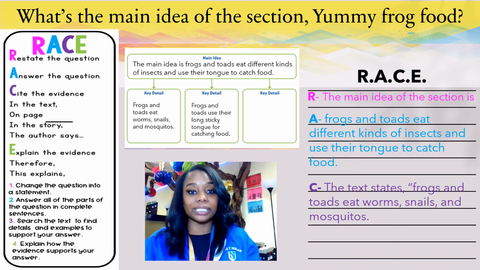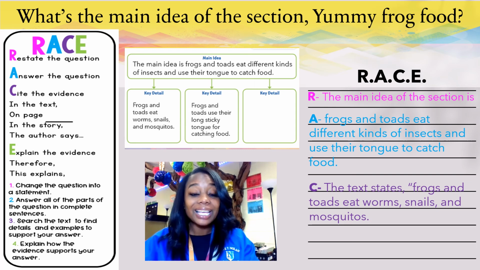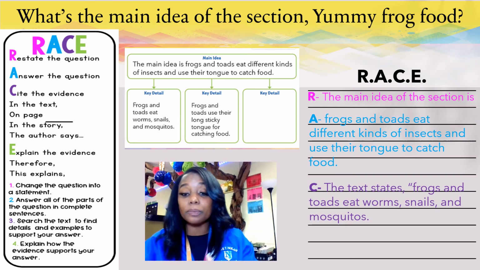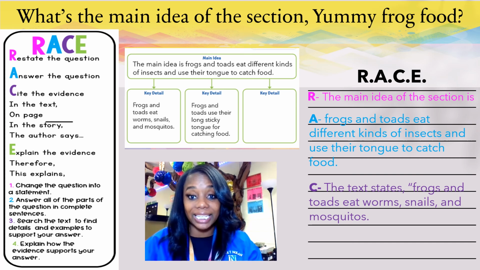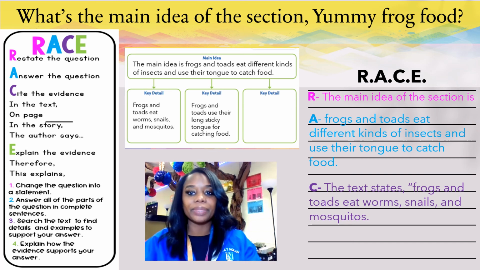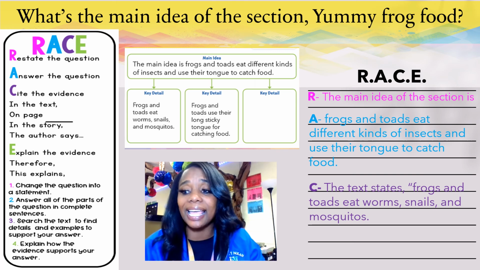So here is our C. Remember, our C could be one of our key details. C is the evidence that supports our main idea, which is the definition of a key detail. So C, the text states frogs and toads eat worms, snails, and mosquitoes.